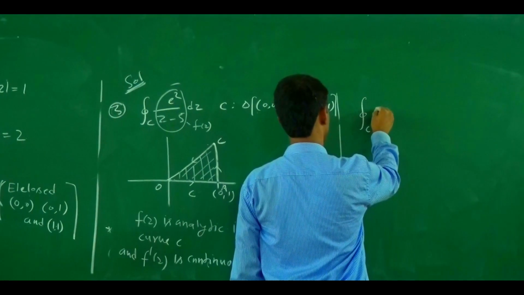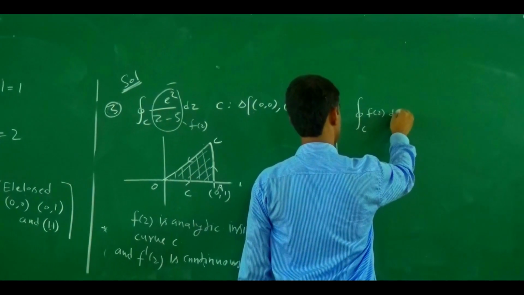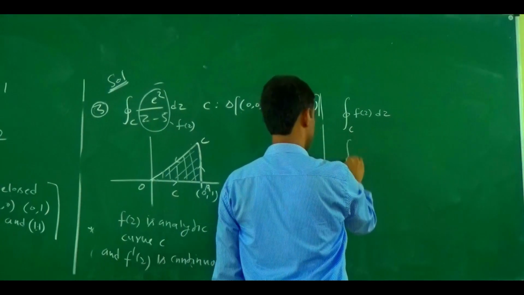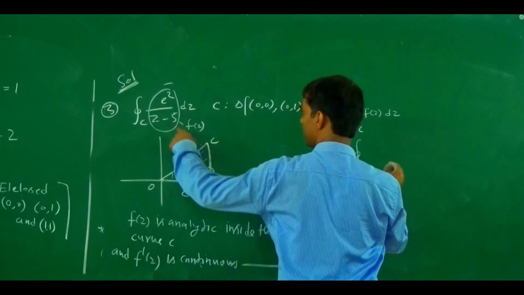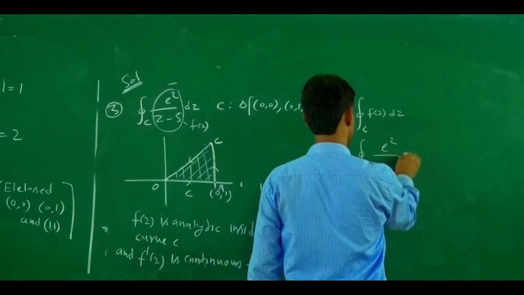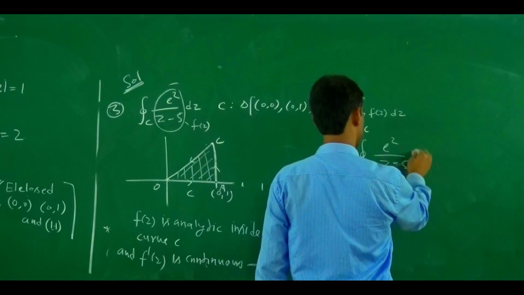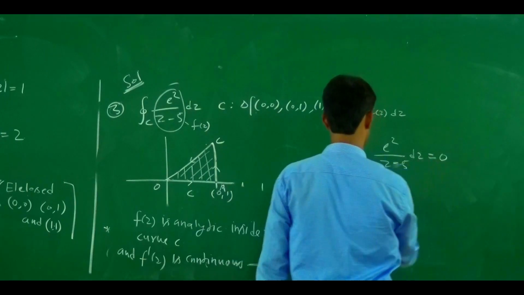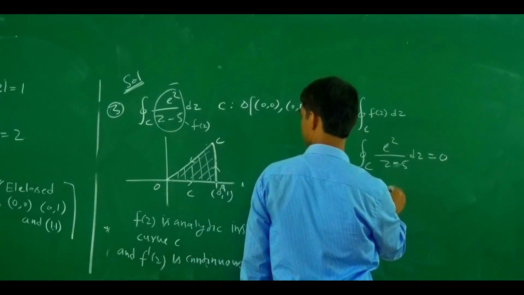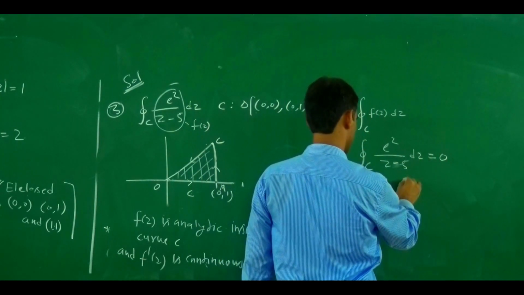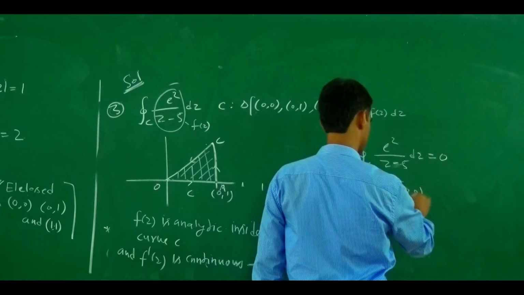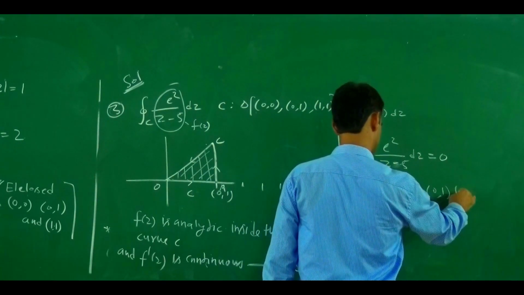So integrate over C fz dz, where fz is e to power z upon z minus 5, equals 0, where C is a triangle whose boundary points are 0, 0, 0, 1 and 1, 1.